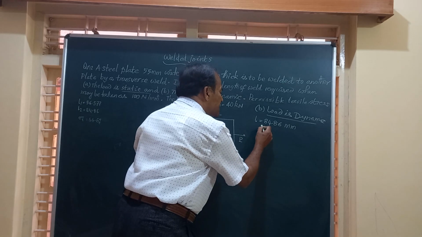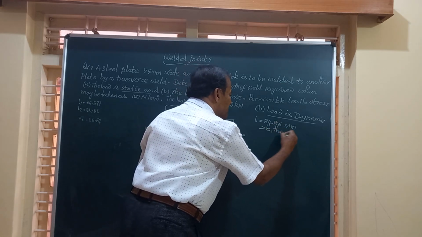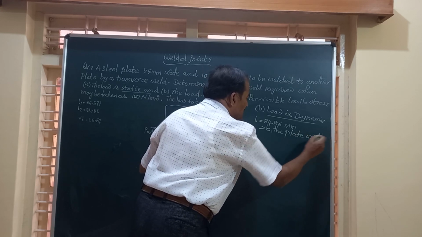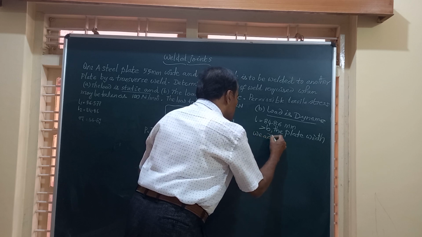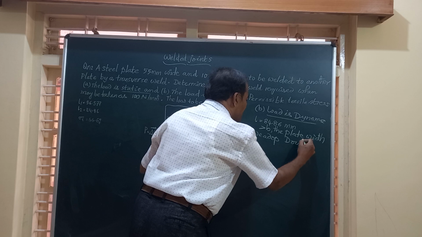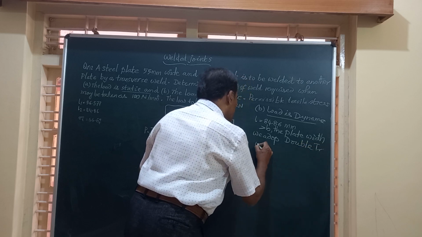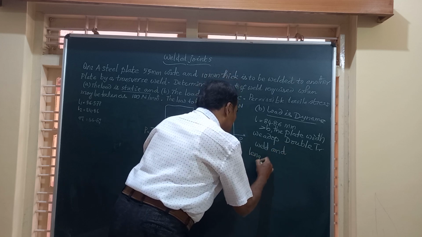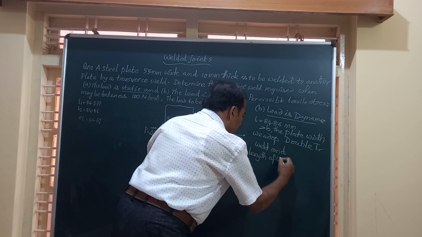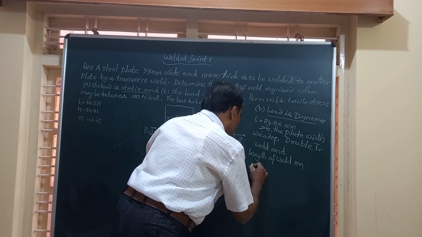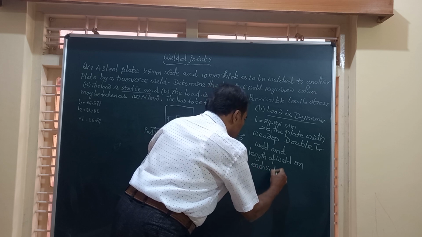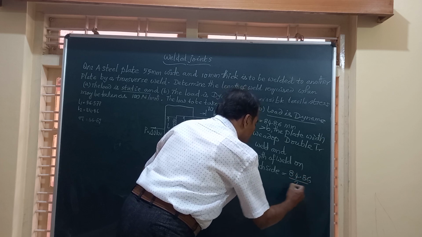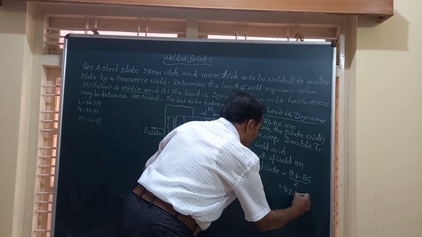And again, this is greater than B, the plate width, and hence we adopt double transverse weld, and the length of weld on each side is equal to 84.86 divided by 2, that is 42.43 mm.